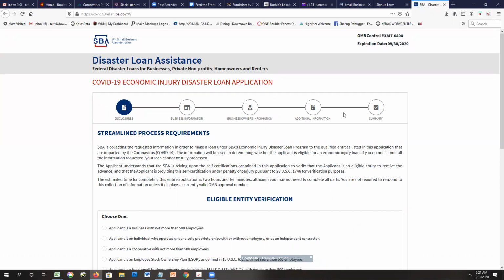You can decide not to accept the loan, so you're not taking on the money just by doing this. You're not taking on a loan. If you are denied the loan, you can get up to a $10,000 grant. At the end of the application, they're going to ask you for your bank routing number and account number. They're trying to get the money to you quickly. So that's something you can do now.